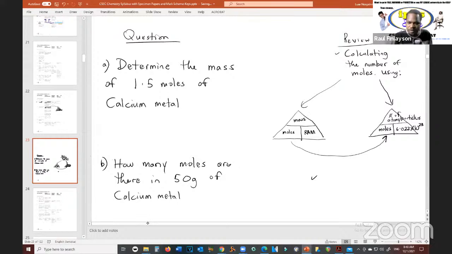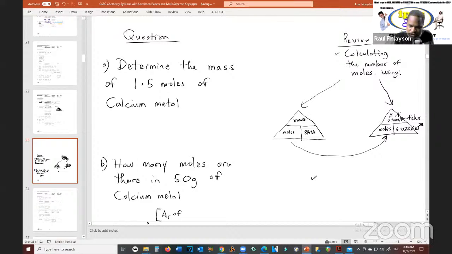The only information you would need that's not given in the question for these two is the molar mass. Some books write it as relative atomic mass, so they call it AR.